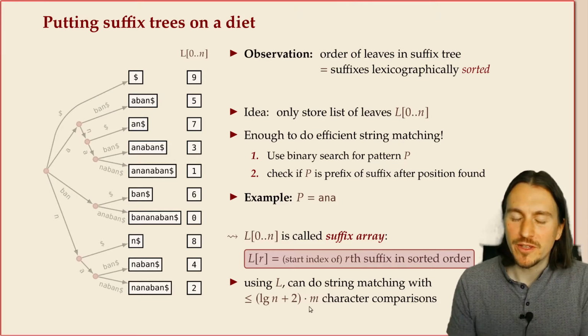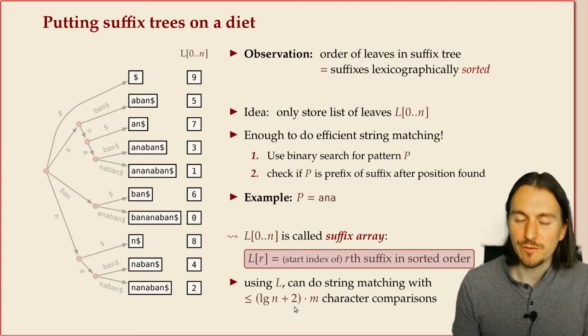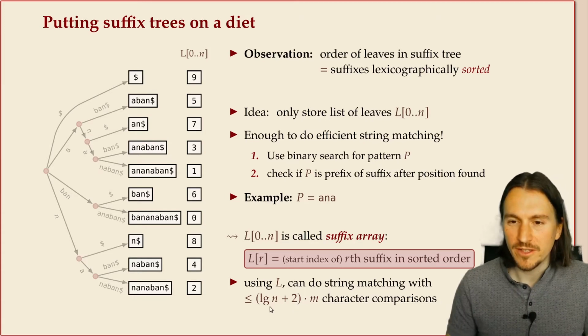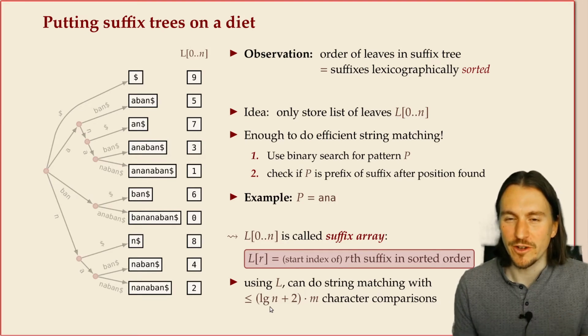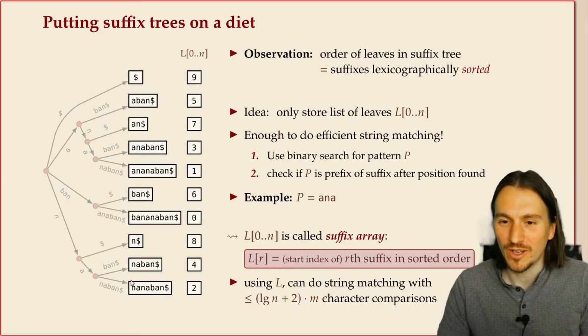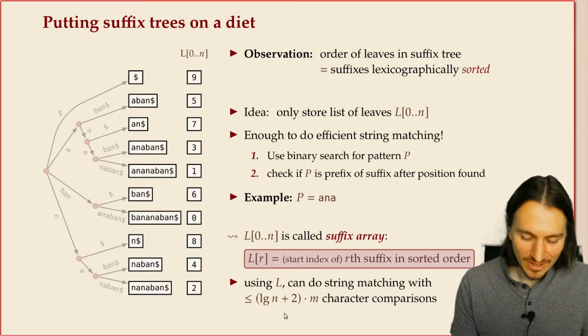So what we need for this, the complexity of doing string matching with a suffix array is log n. That comes from the binary search. We have to cut the range in half log n times, or roughly log n plus 2 for rounding.